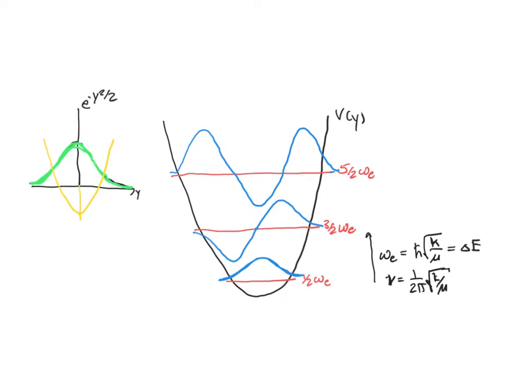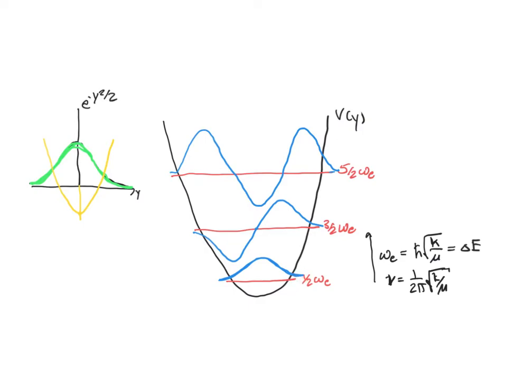Now let's take a look at some interesting features of this function. So notice that my functions leak outside where the potential is. So our particle is able to tunnel past that potential barrier and get outside into the classically forbidden regions.